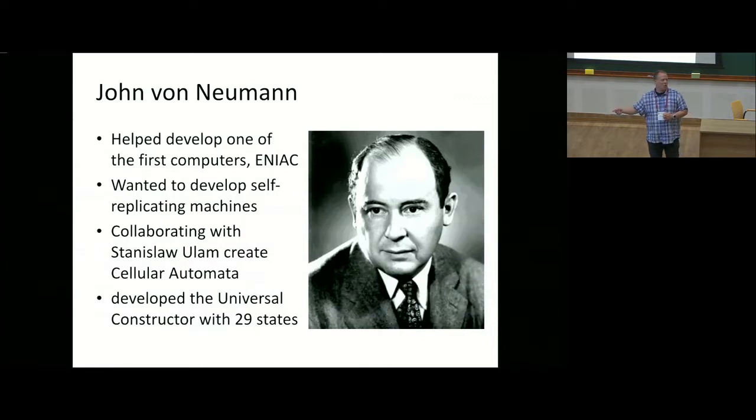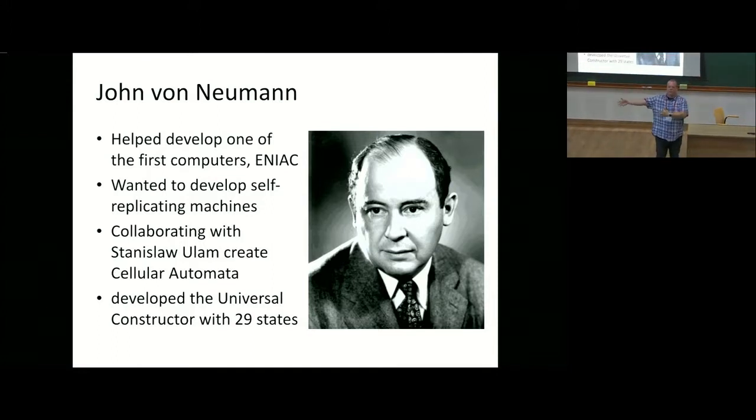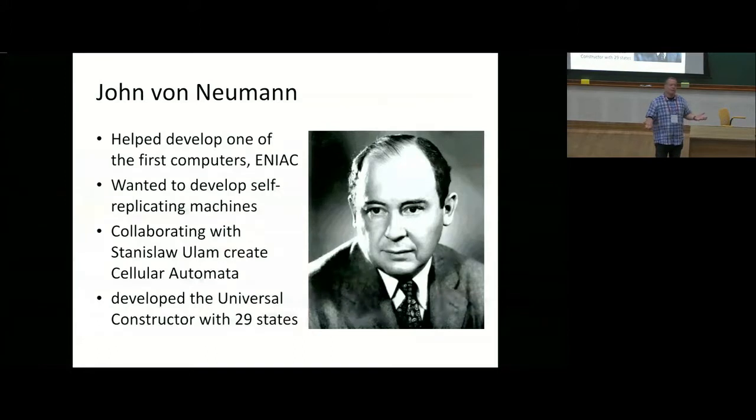So he created the first machine that could build itself. Now, it only built itself in the memory of a computer, not as a physical machine, but essentially it proved that once you solved the engineering problem of a machine building another machine, it was possible for machines to reproduce, right?